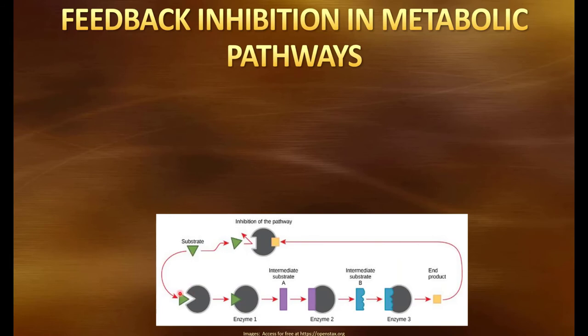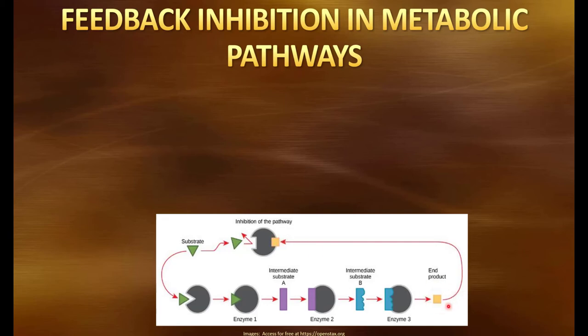What we have here is a metabolic pathway, so several different enzymes, different reactants and products for each of these different steps. In our initial one, the substrate comes in, it binds, and we go through lots of different processes, but now here at the end, we have our end product. And this end product comes back around and binds to an enzyme, typically an enzyme that is very early in this metabolic pathway, and essentially turns it off.